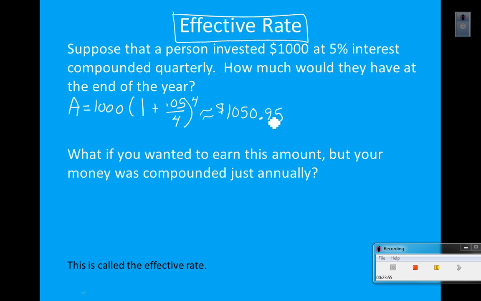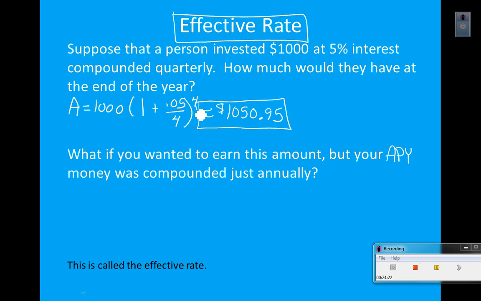Okay. Here's what's meant by the effective rate. If you walk into a bank, they usually don't say, we compound your money quarterly or monthly. What they post is what the APY is, the annual percentage yield. So here's what it really says. What if I wanted to earn this amount in 1 year?